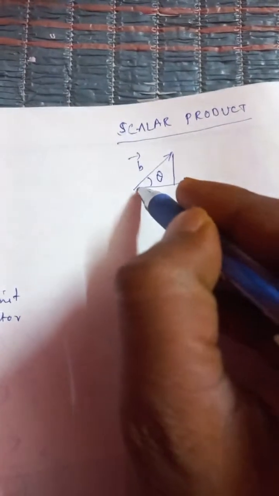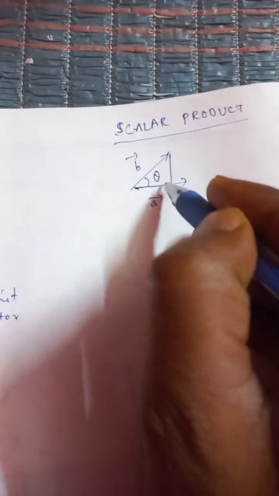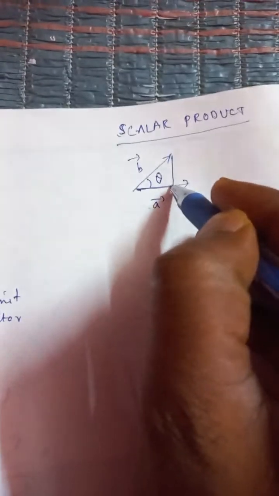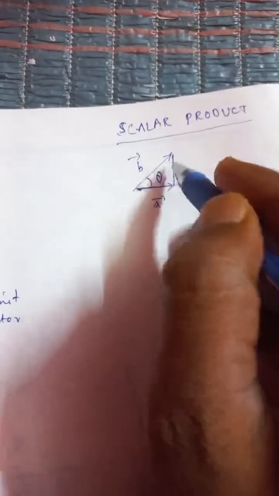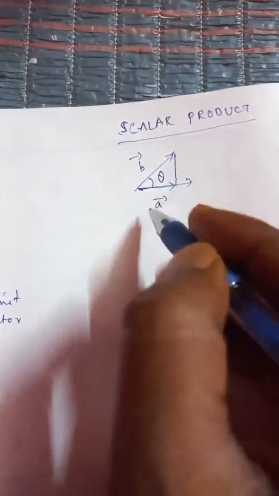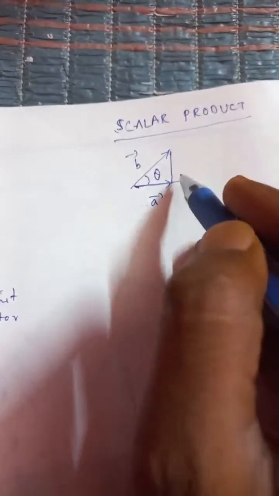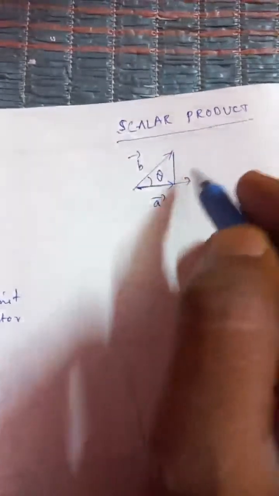Then the base will take the collinear of the two vectors, the projection of B vector on the vector A. Then we can find out the scalar product.